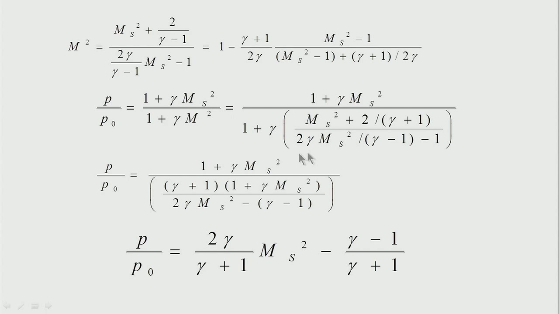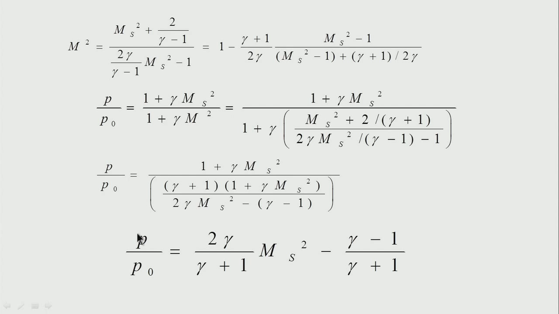And therefore, now if I simplify this particular equation, which is straightforward, I get p by p0 is equal to 1 plus gamma Ms squared divided by, in the denominator, gamma plus 1 into (1 plus gamma Ms squared) divided by (2 gamma Ms squared minus gamma minus 1), which if I simplify further, I get p by p0 is equal to 2 gamma by gamma plus 1 Ms squared minus (gamma minus 1) divided by (gamma plus 1).